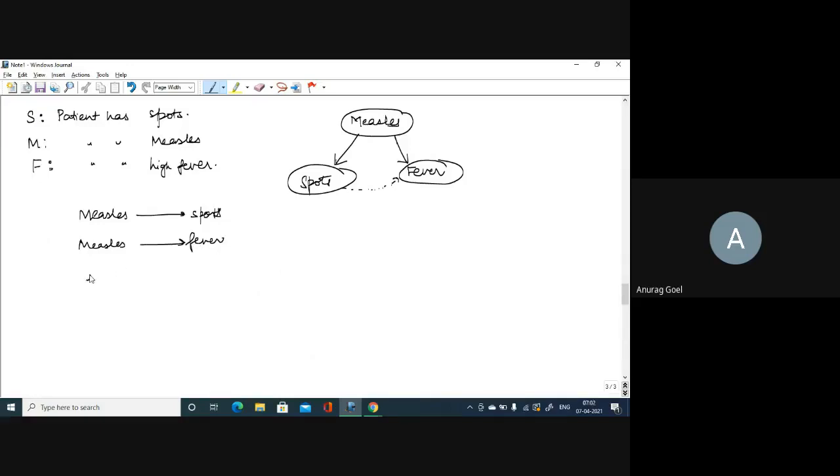These two events, E1 and E2, together conclude some hypothesis, which is measles, but they also have an additional dependency relationship.